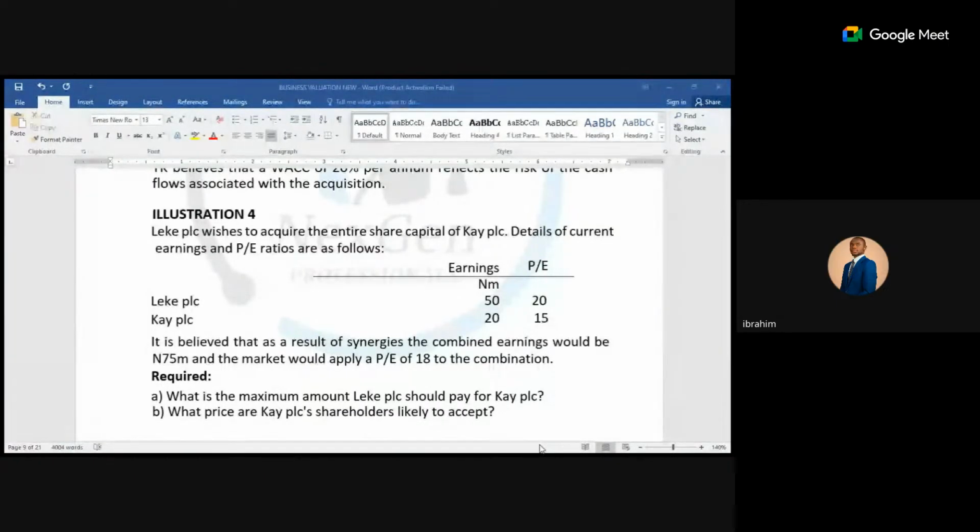Step 2, for you to calculate the maximum amount, is to calculate the value of KPLC that you want to acquire. Now, the difference between the value of the combined and the KPLC gives you the maximum amount. Class, we give what? The maximum amount.